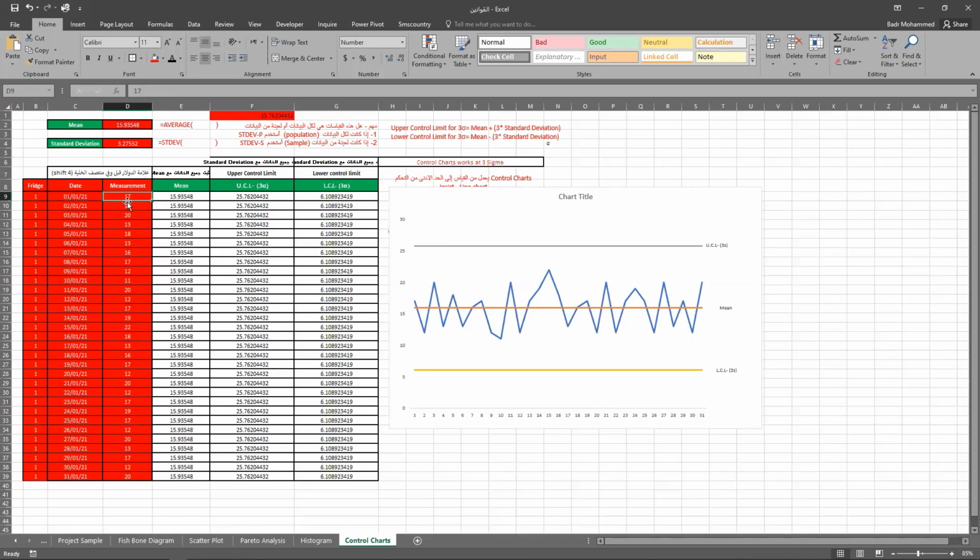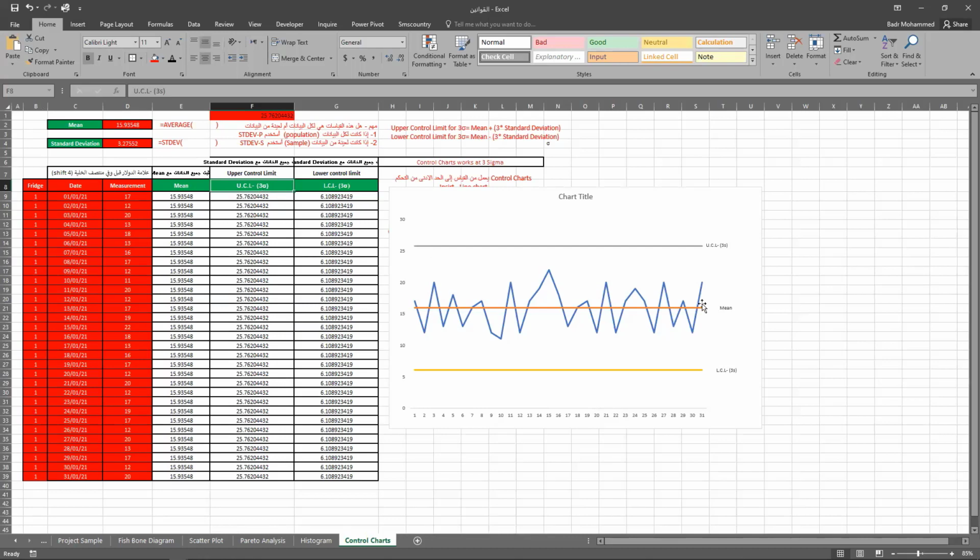Okay, guys. What we need here is to calculate the mean for this temperature, and we have something called UCL. UCL means the upper control limit. You have the minimum and the maximum, and you need to keep your data within these two lines. This is the general meaning. In the control chart, we have UCL and LCL.